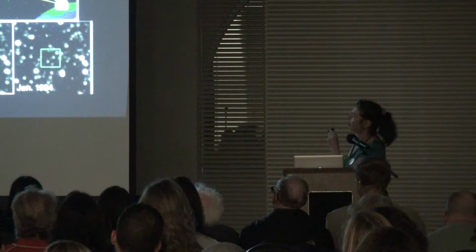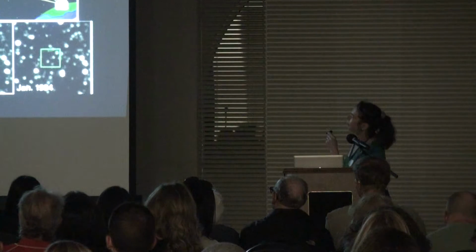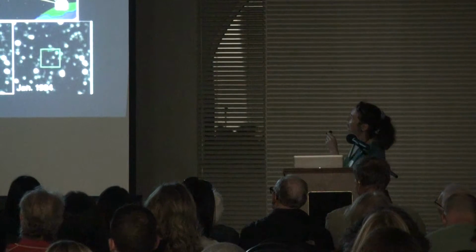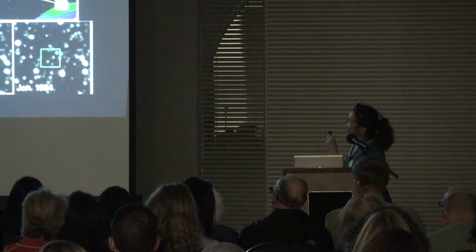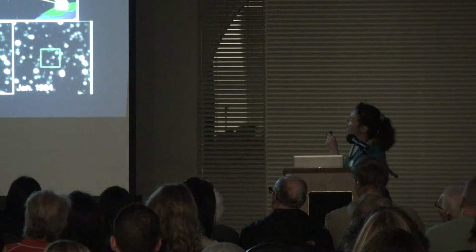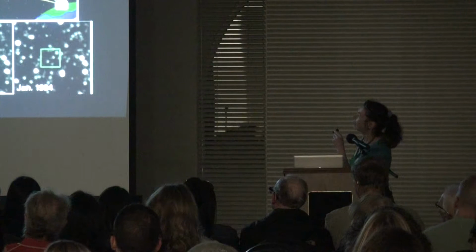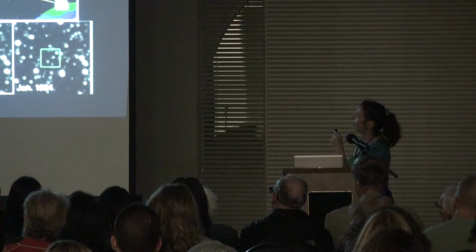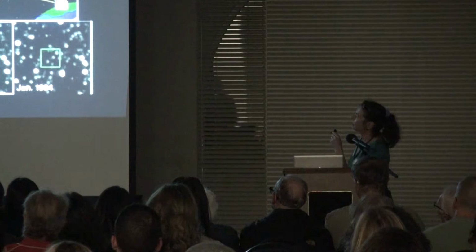So this is an actual gravitational lensing event where the background star's light brightens, and then there's a little blip here on the side, which is due to lensing by a companion planet. And this is detected by many different telescopes.